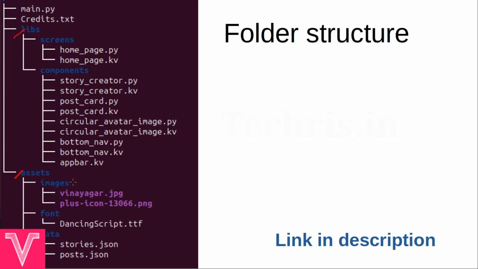The assets, like images, fonts, and the data to generate the stories and posts, are available in the data folder. The home page is governed by the homepage.kv file and the homepage.py file. There are several components which can be seen in the components folder. We'll see them one by one.